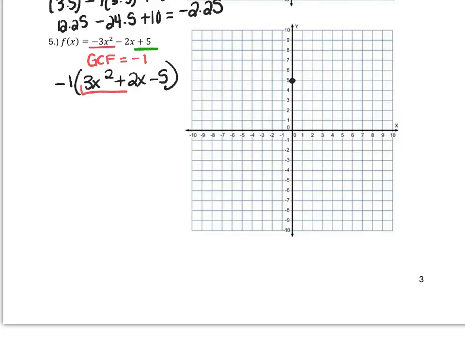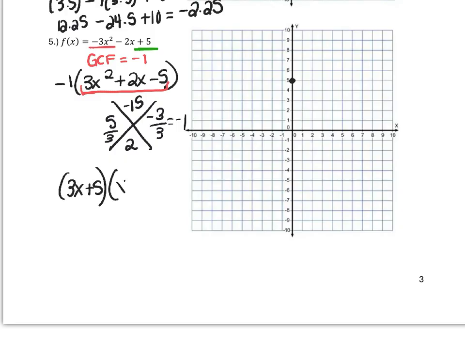Then we're going to do our x method on just what's inside of the parentheses. So negative 15, positive 2, this would be 5 and negative 3. And then because a was not 1, we divide both of these by a. So our two factors are, bottoms up, 3x plus 5 times x minus 1, set equal to 0, solve for each.